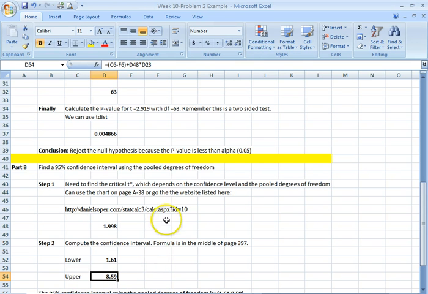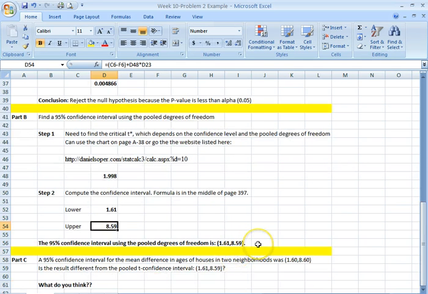Same thing for the upper, only we add the D48 times D23 part to our difference there, and we come up with 8.59 as the upper limit. So we can say our 95% confidence interval using the pooled degrees of freedom is 1.61, 8.59. Well, a lot of work here, isn't it?